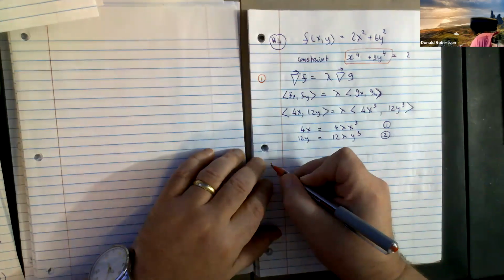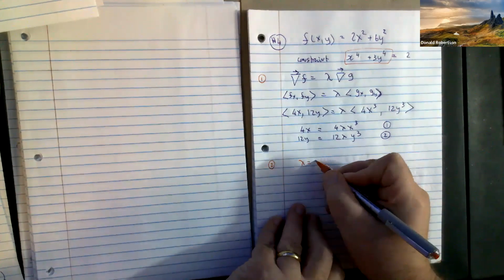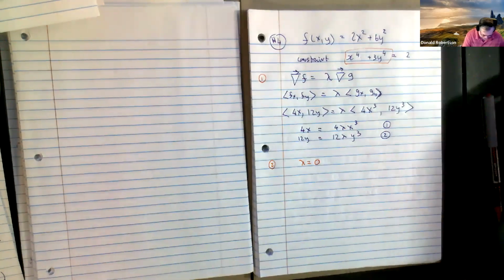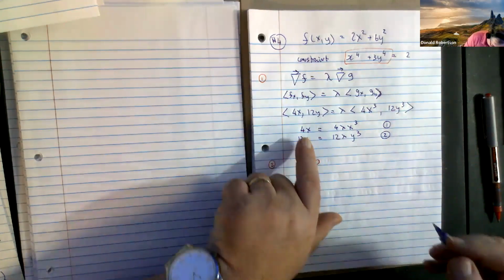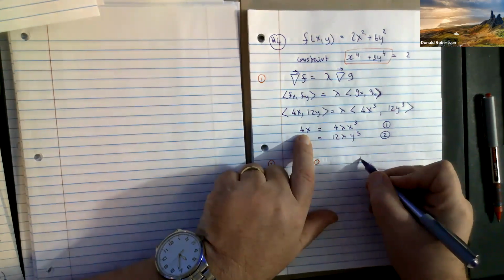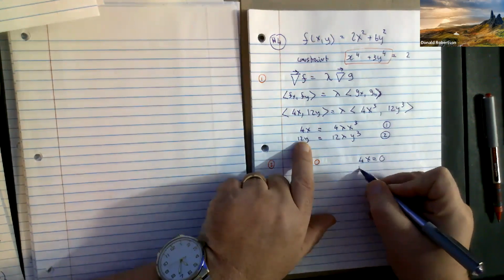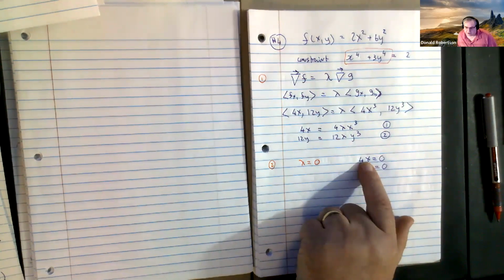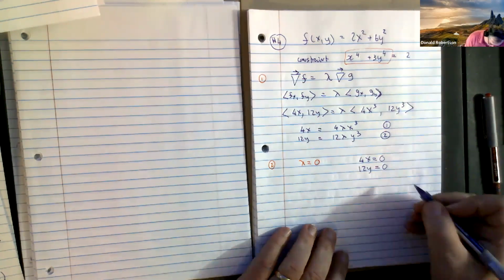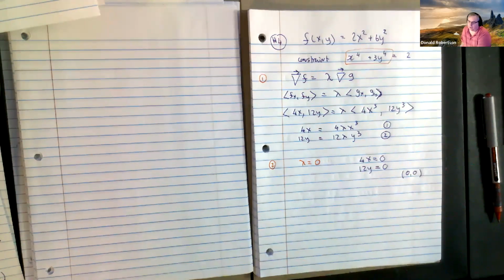So step 2, let's look at, is lambda equals 0 going to give us a solution? Well, if you plug in lambda equals 0 here, you get 4x equals 0. And if you do it in this one, you get 12y equals 0. Well, if you're trying to find out when is this true, would you agree that it can only happen when x is 0 and y is 0, right?